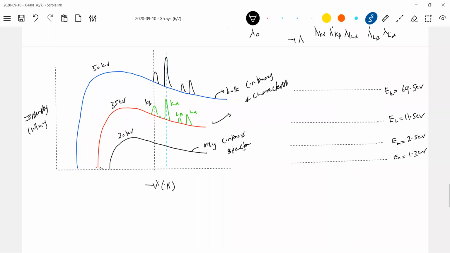What do you mean by lambda K alpha? This is called lambda K alpha. Then what is lambda K beta? This is lambda K beta. This is called lambda K gamma. What is L alpha? L alpha will be this much.